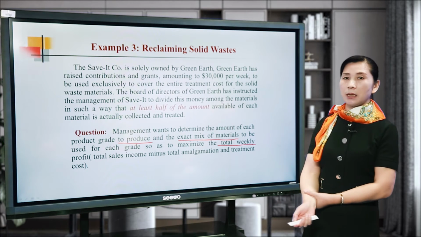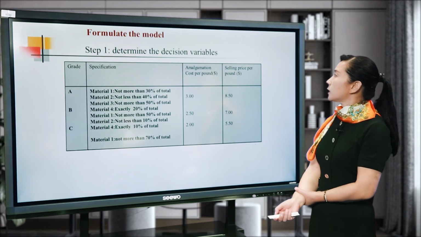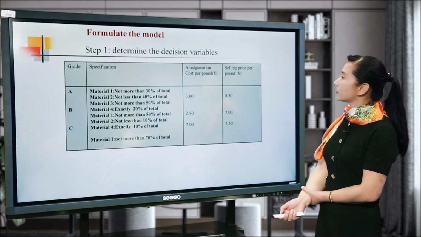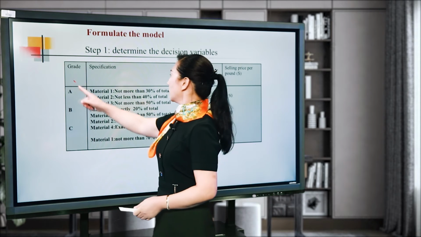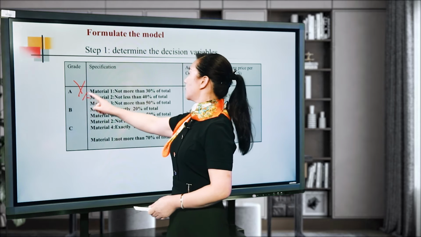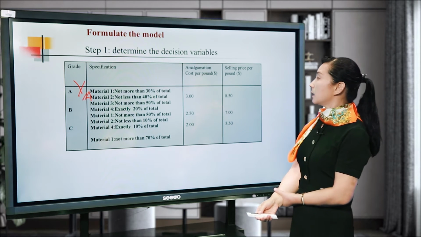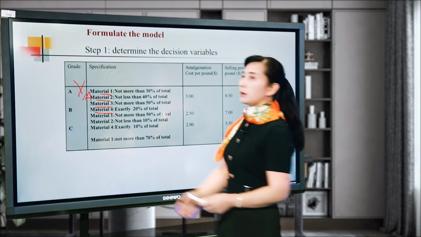Now we analyze this problem. Step 1, determine the decision variables. We can produce product grade A, which is XA, but it is mixed from material 1, material 2, material 3, and material 4.